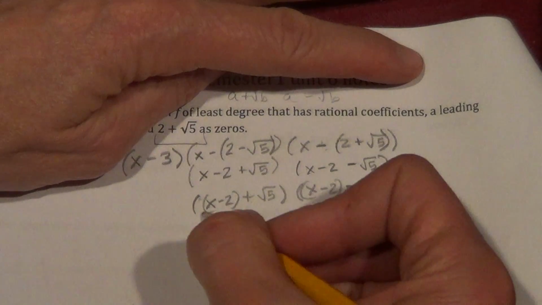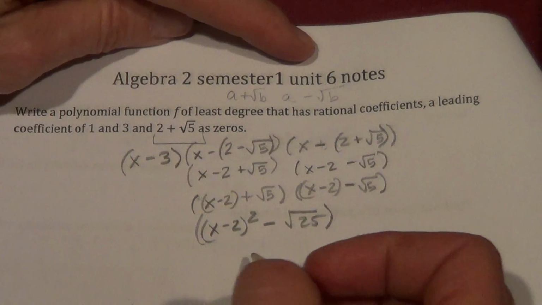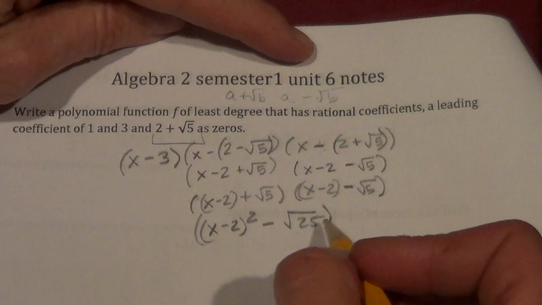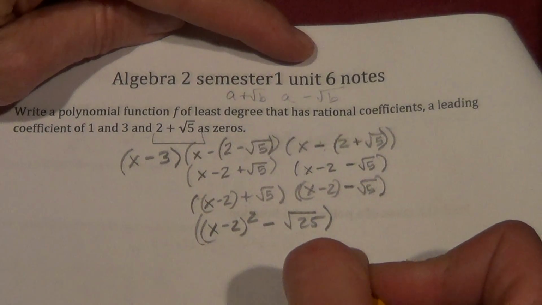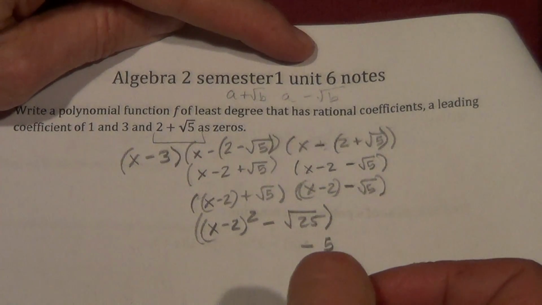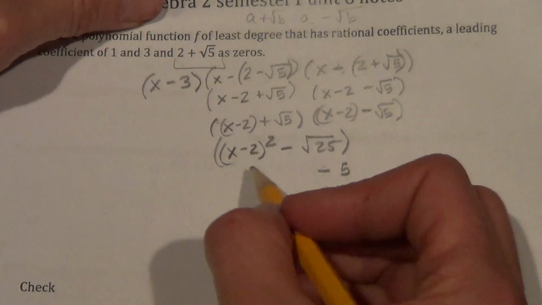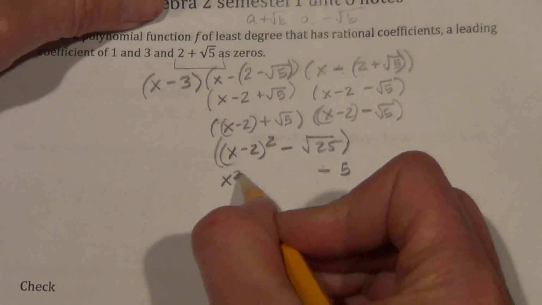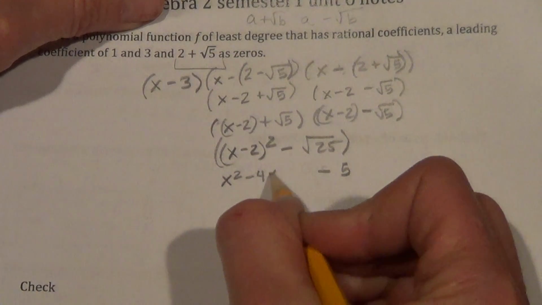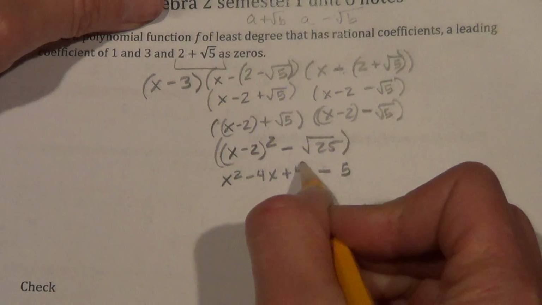Okay, so that's what comes out of there. And now radical 25 is 5. X minus 2 squared, if you remember when we were doing binomial squares, would be x squared minus 4x plus 4.